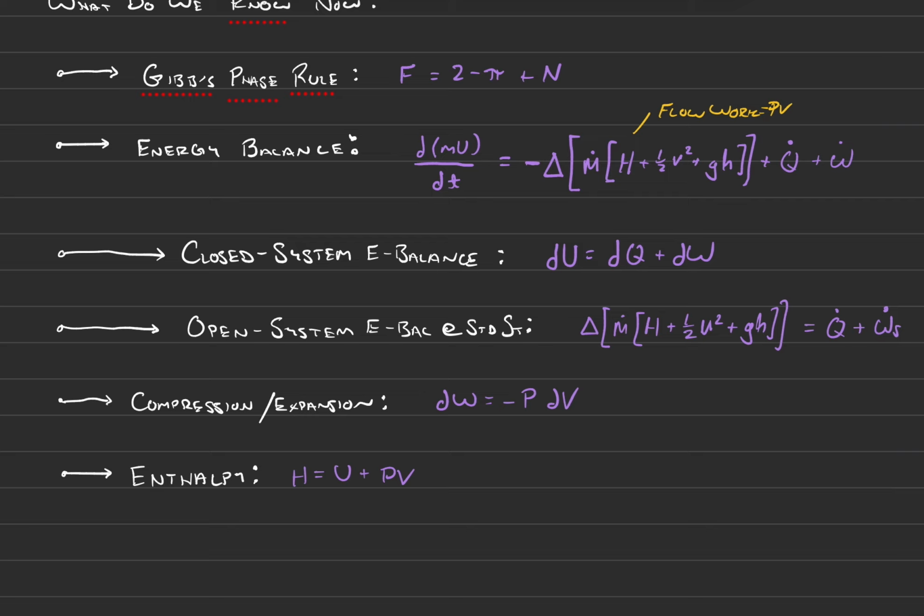So we had flow work was PV, and that's part of the flow streams going into the system. Internal energy is U. So U plus PV equals enthalpy, and that's why we use enthalpy in the energy balance.